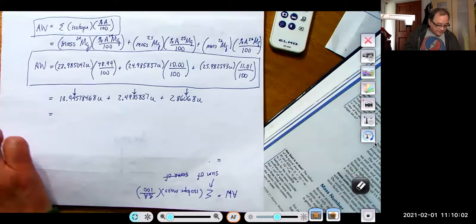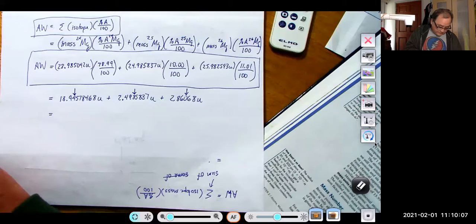So I'm going to add these numbers all together. And as long as I wrote these numbers down correctly, I should be okay.